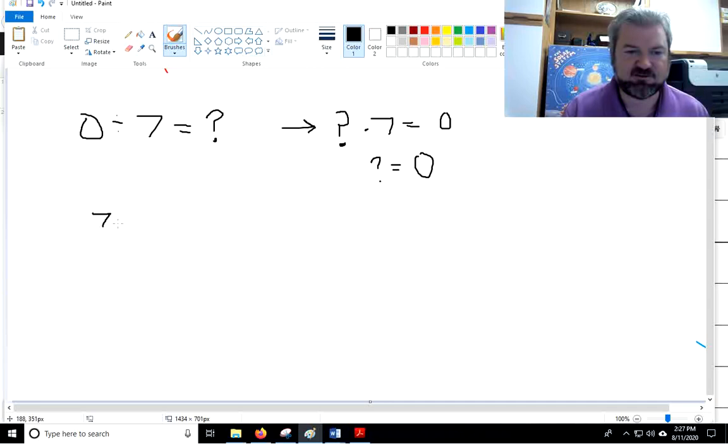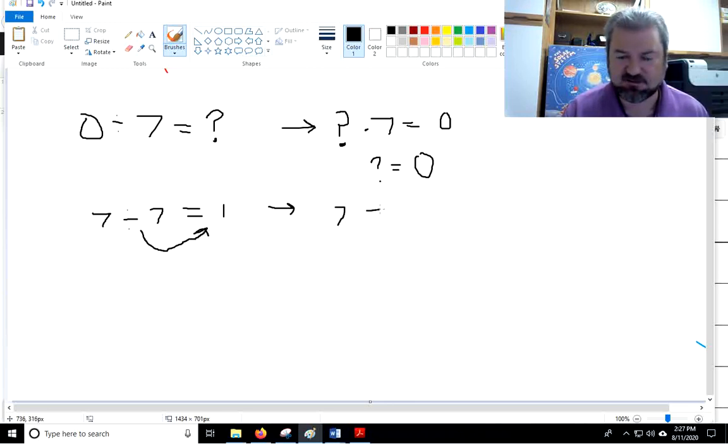Let's try 7 divided by 7. Well, hopefully you realize that's 1, right? Well, why is that? Because if I move this over and call it multiplication, because that's what division is, we should get a true statement. 7 equals 7 times 1. That's true.